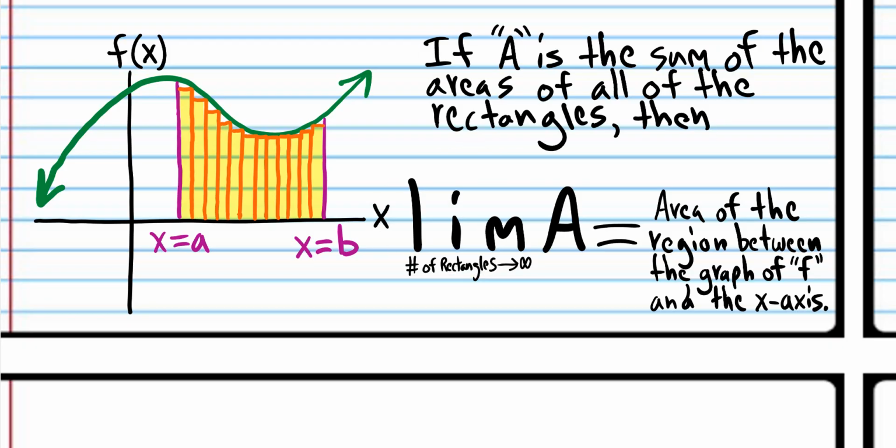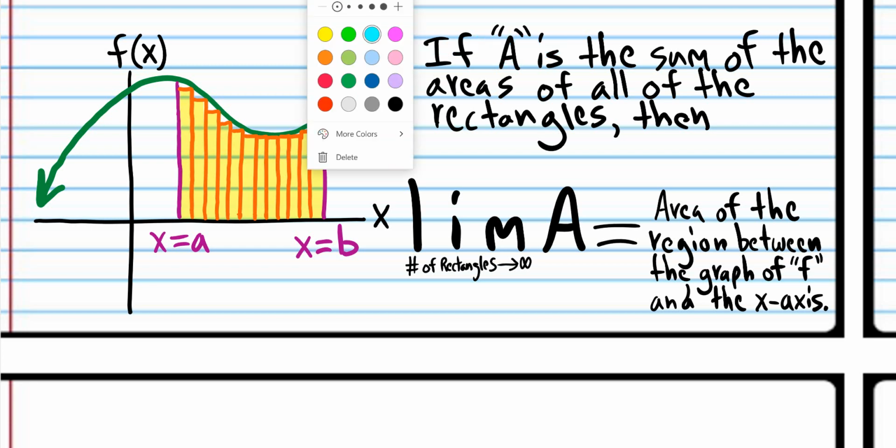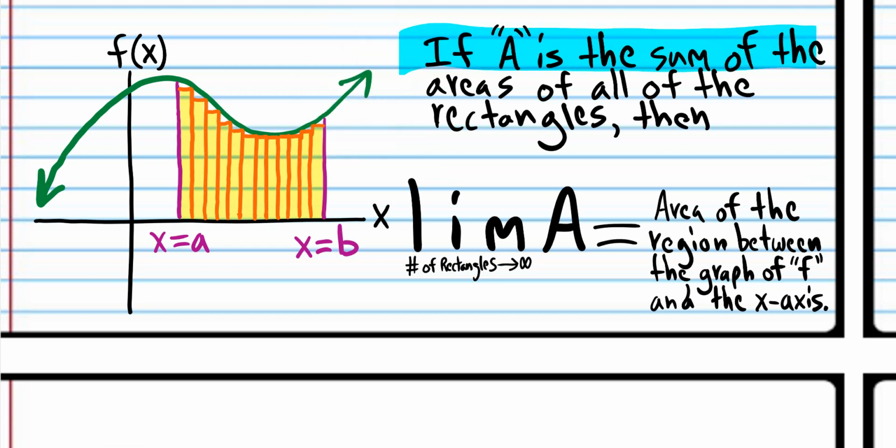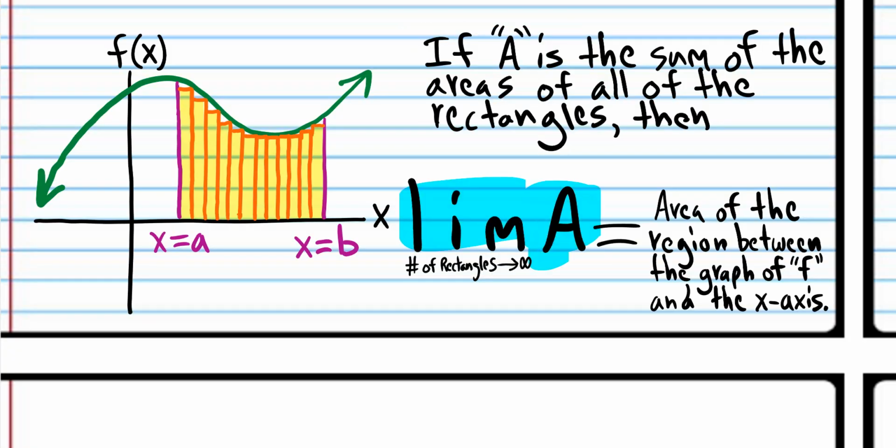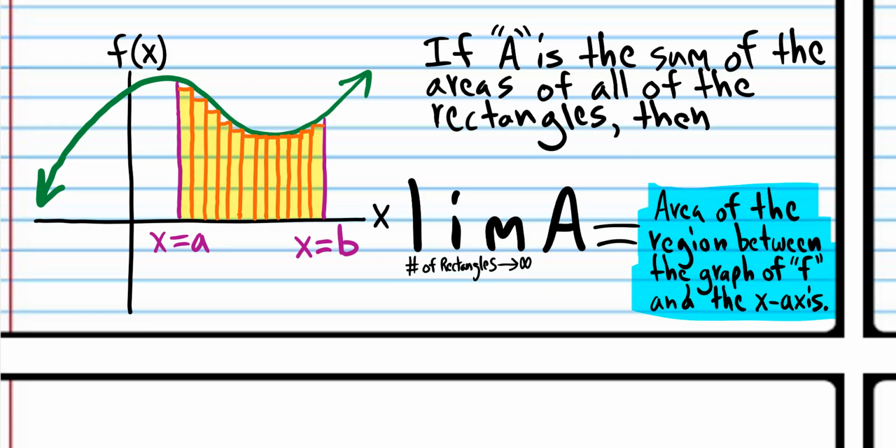So if A is the sum of the areas of all the rectangles, then the limit of A as the number of rectangles approaches infinity, again, that's considered to be the area of the region between the graph of the function and the x-axis.